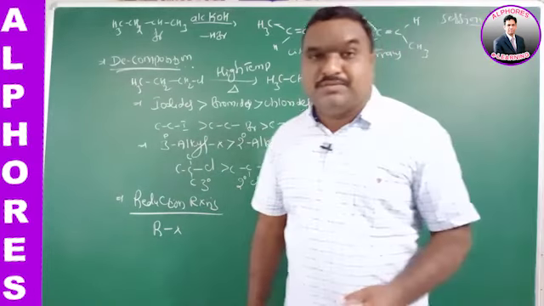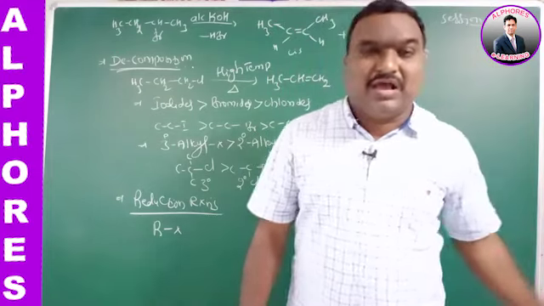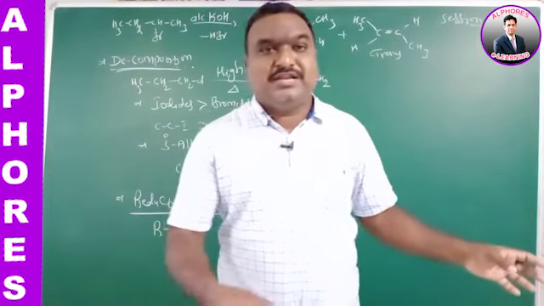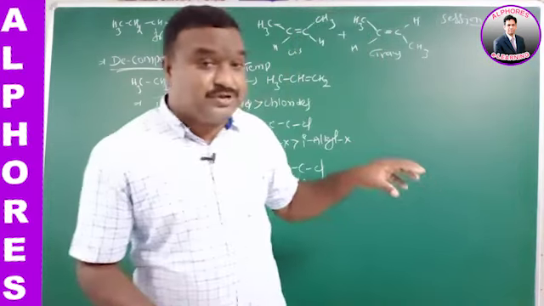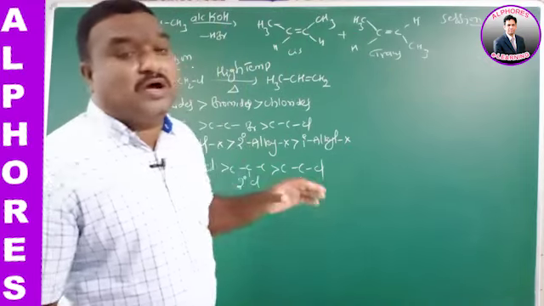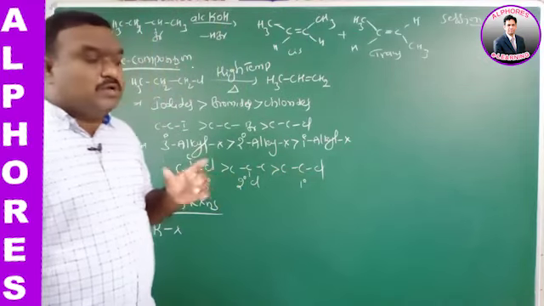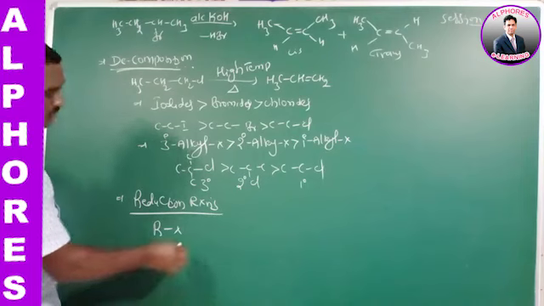Saturated alkyl halides easily undergo reduction in the presence of a reducing agent to form alkane compounds. What are the reducing agents here?